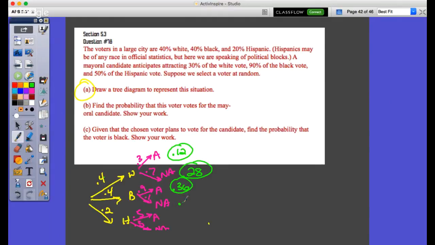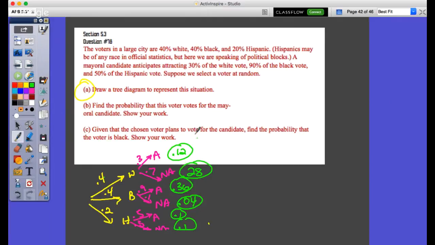That's why we're multiplying. 0.2 times 0.1 would be 0.02. 0.2 times 0.5 is 0.1. And 0.2 times 0.5 is also 0.1. So when I add all this together, it should add up to equal 1.